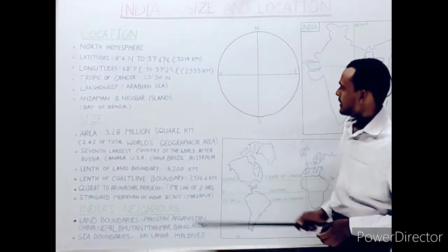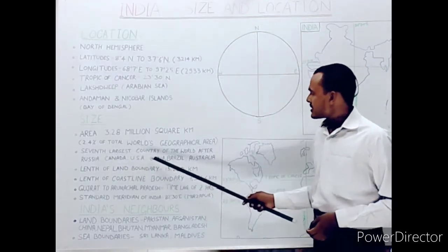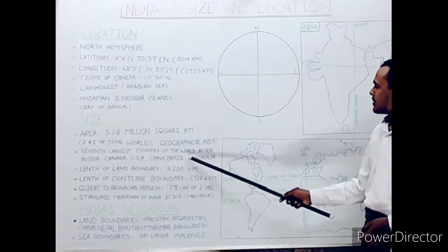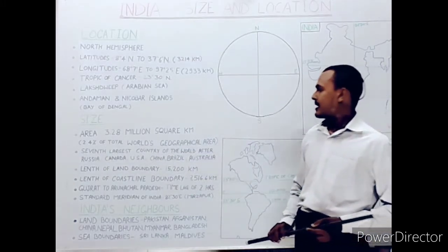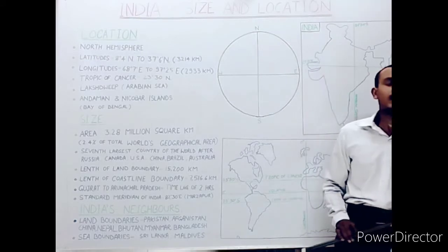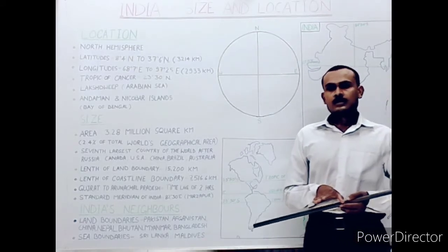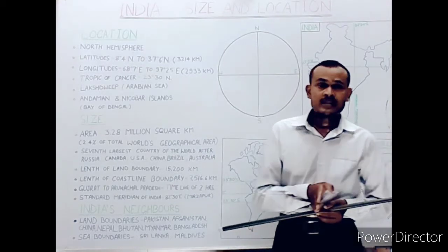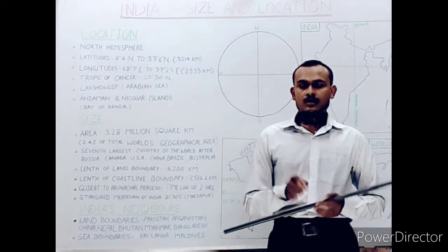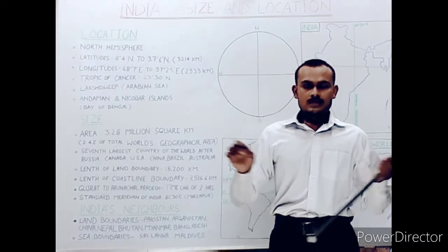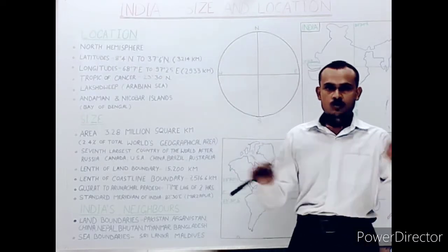Next, India is the 7th largest country in the world after Russia, Canada, USA, China, Brazil, and Australia. So our country ranks 7th in the world according to geographical land area.